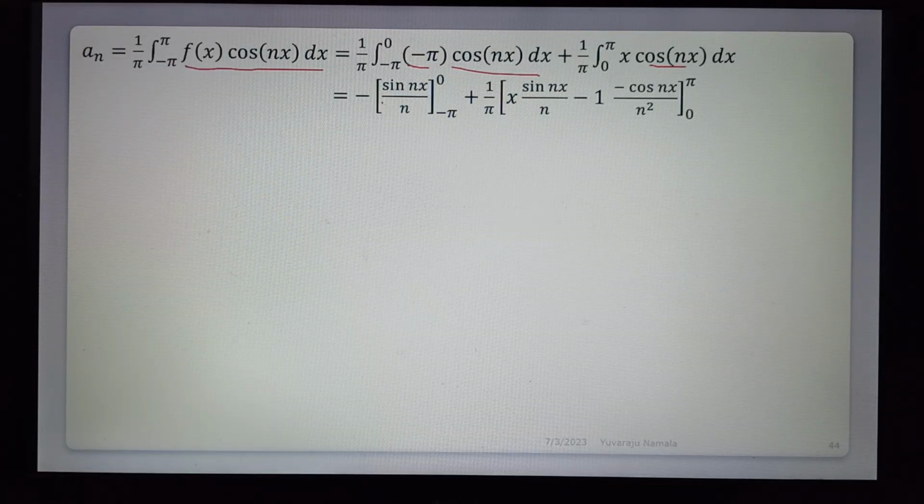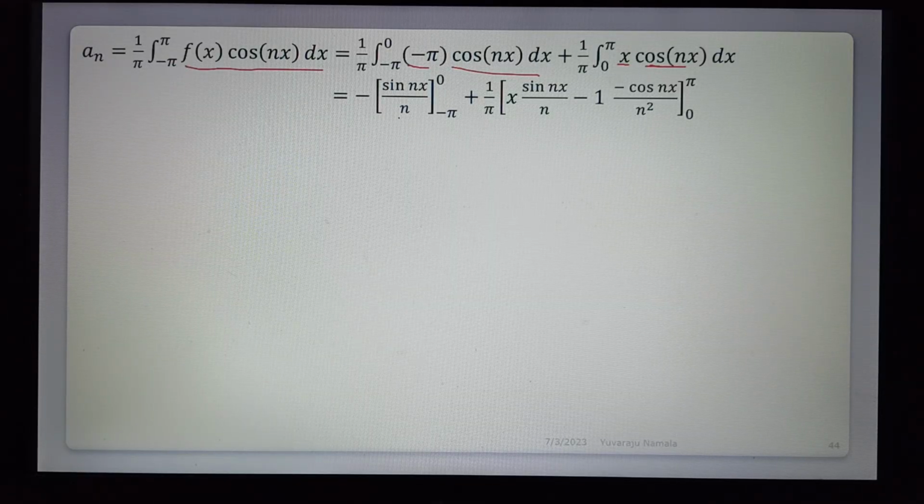Using the by parts method, minus 5 is a constant, so integration of cos nx is sin nx by n with limits minus 5 to 0, plus 1 by 5 into the u into v method: x into sin nx by n minus derivative of x, which is 1, into integration of sin nx by n, which is minus cos nx by n square.